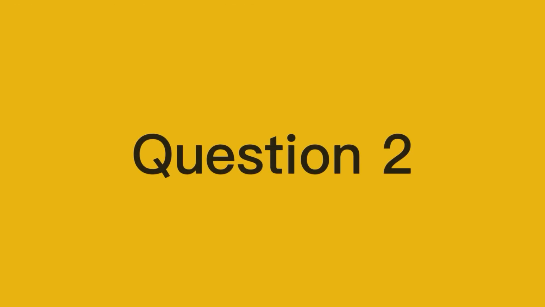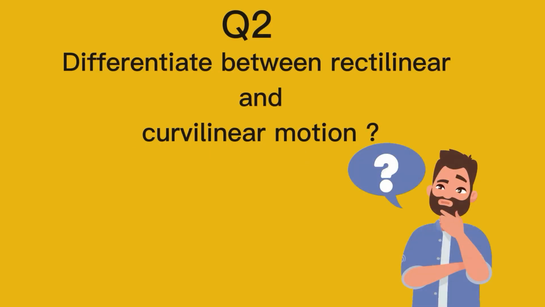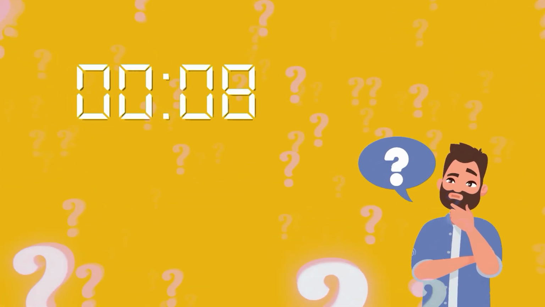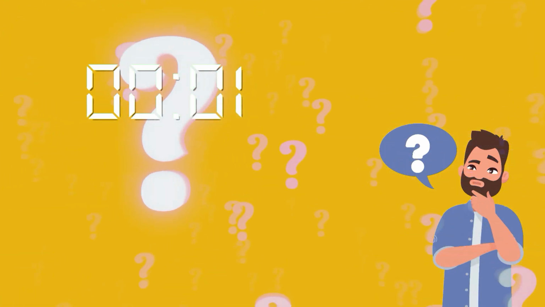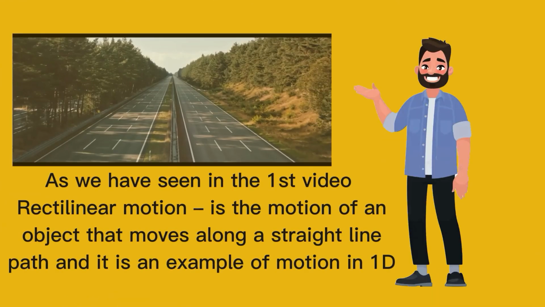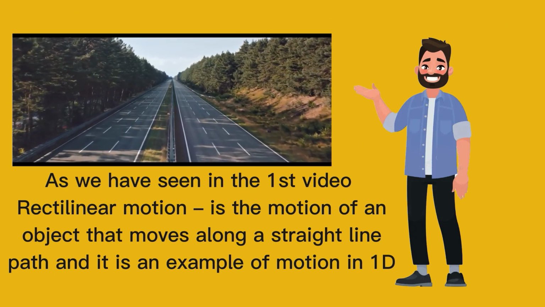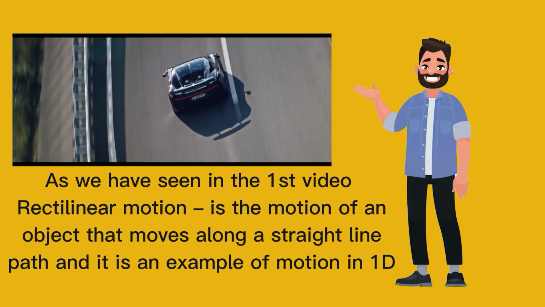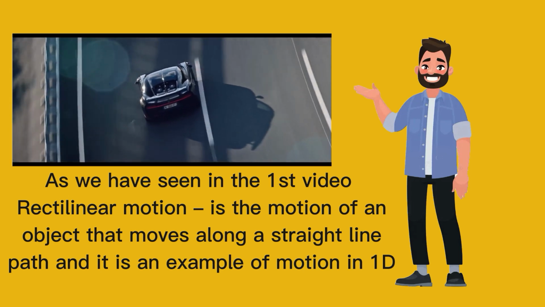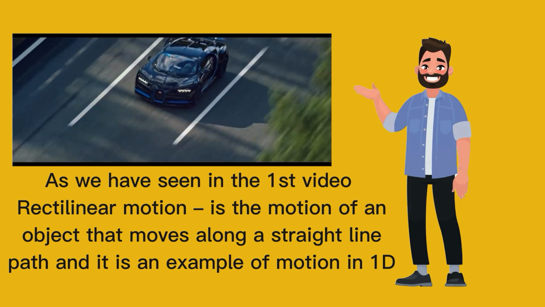And the second question tells us, differentiate between rectilinear and curvilinear motion. Students, as we have seen in the first video, rectilinear motion is the motion of an object that moves along a straight line path, and it is an example of motion in one dimension.